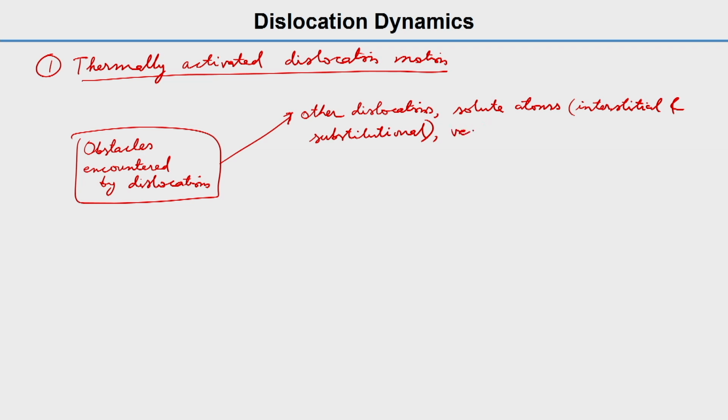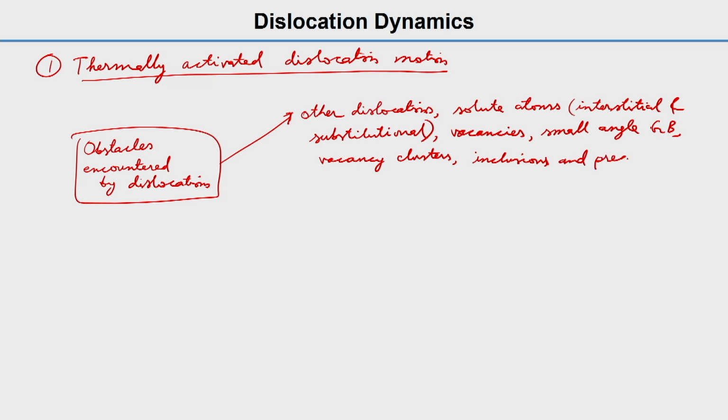And then vacancies, then small angle grain boundary, I will write GB for grain boundary, and then vacancy clusters, a number of vacancies grouped together, and then inclusions and precipitates.